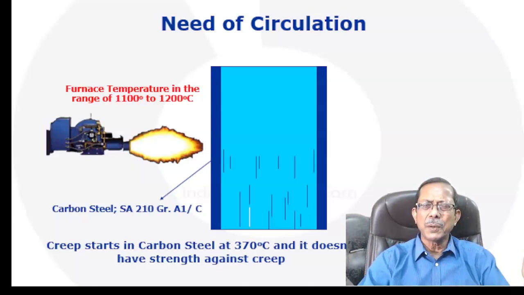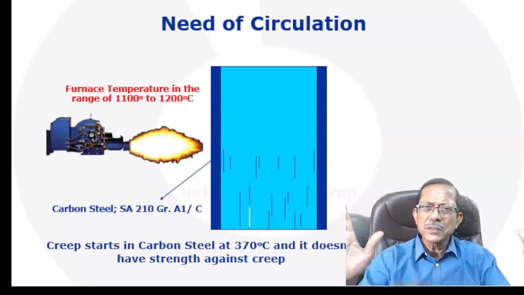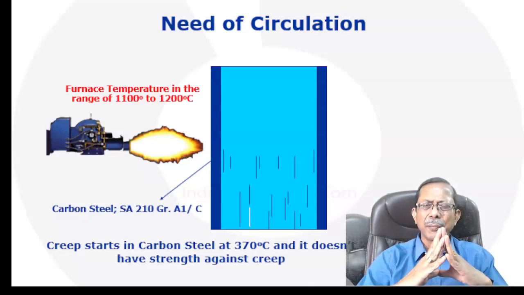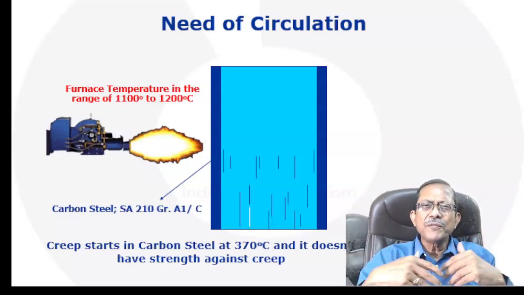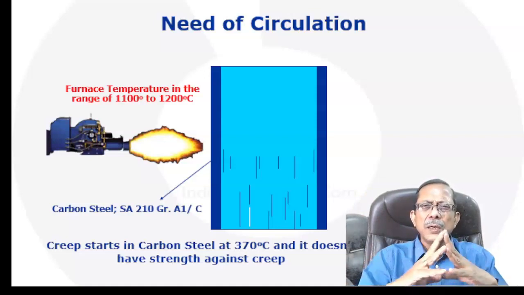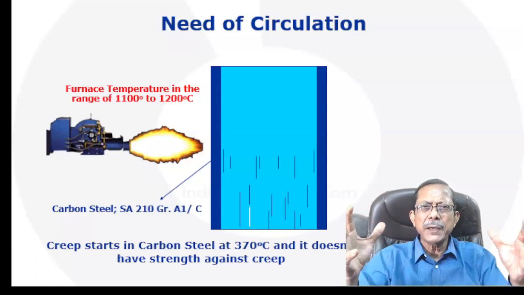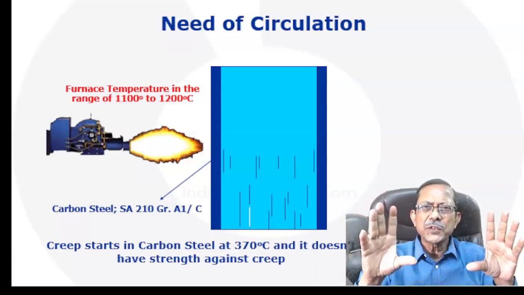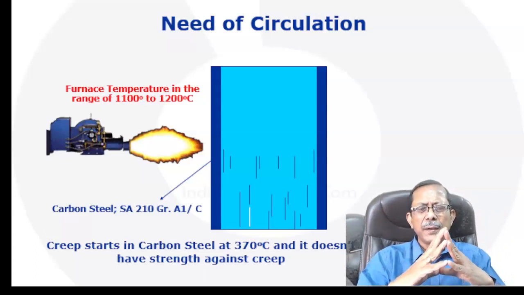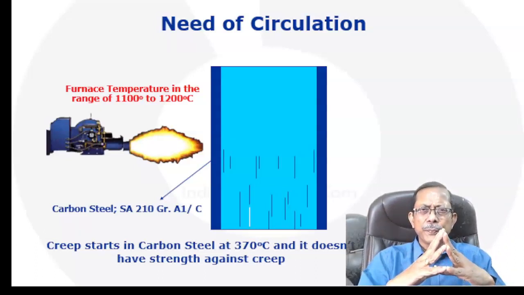That is a problem. Whenever the creep starts, it leads to a very fast failure. That is called a short-term overheating failure, where there will be bulging and a thin lip fracture, something like a fish mouth type opening in the water wall tubes, right?